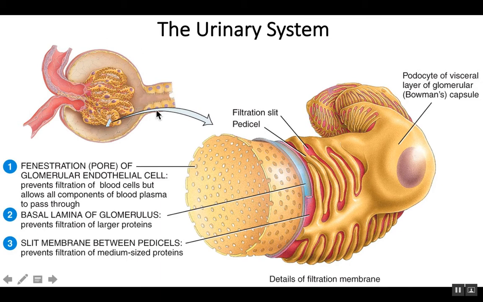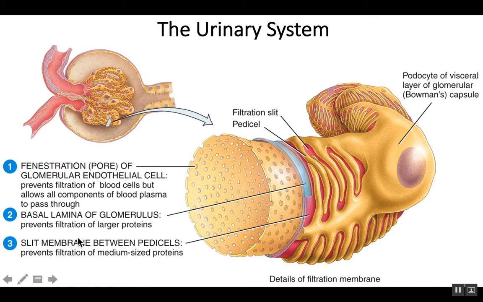So there could be inflammation, there could be trauma, there could be problems at the kidney if we find albumin or other protein in urine. Protein should be very, very low in urine. Shouldn't have any protein. Should definitely not have bigger proteins in urine.